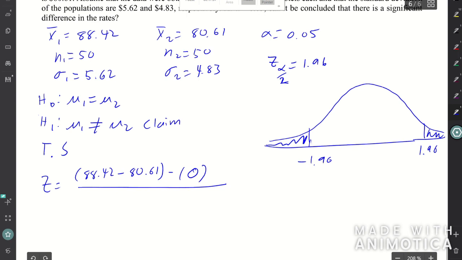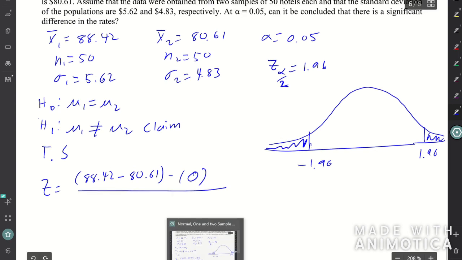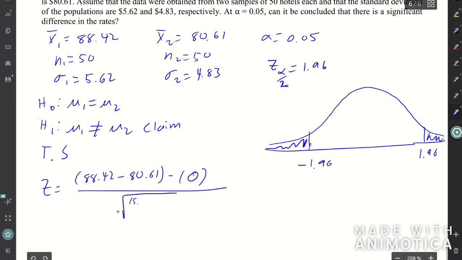That is always the case: mu1 minus mu2 should always be 0 in that formula. Then we fill in our standard deviation formula, which is 5.62 squared divided by 50 plus 4.83 squared divided by 50. Simplifying all of that out should lead us to 7.45.